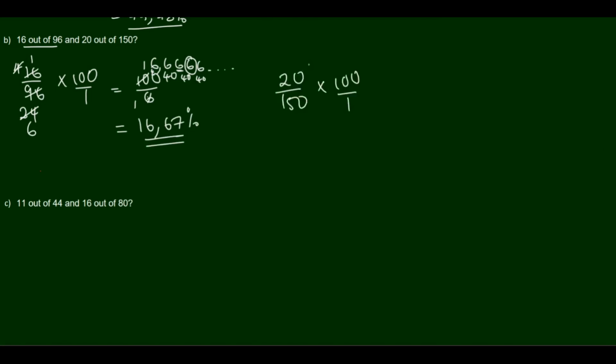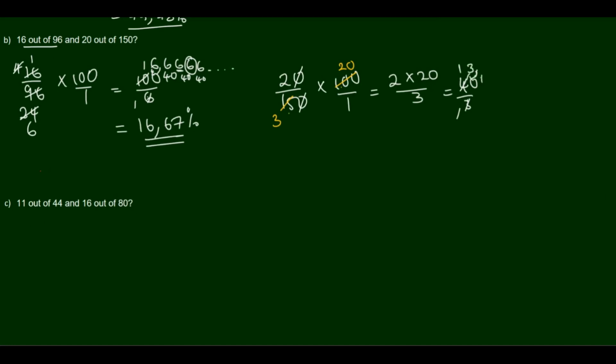And then 20 out of 150 times 100 over 1. You can start dividing by 10. 20 divided by 10 is 2. 150 divided by 10 is 15. We still have 15 and 100 here, so we can use 5. 15 divided by 5, that is 3. And then 100 divided by 5, that is 20. So what are we left with? 2 times 20 divided by 3, which is 40 over 3. And then you can say 3 into 3 is 1. 3 into 4 is 1, remainder 1. 3 into 10 is 3, remainder 1.